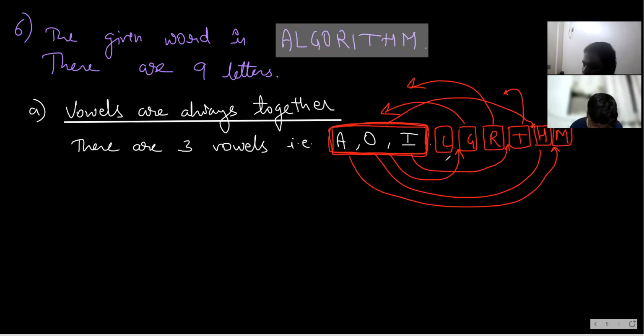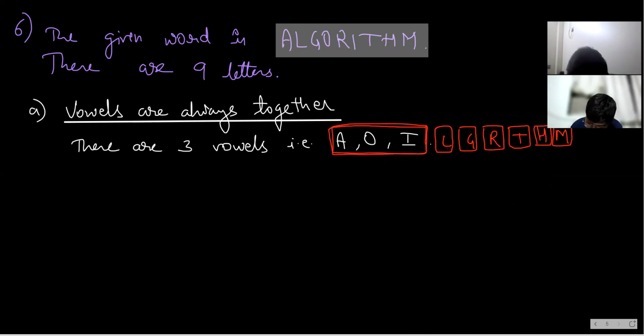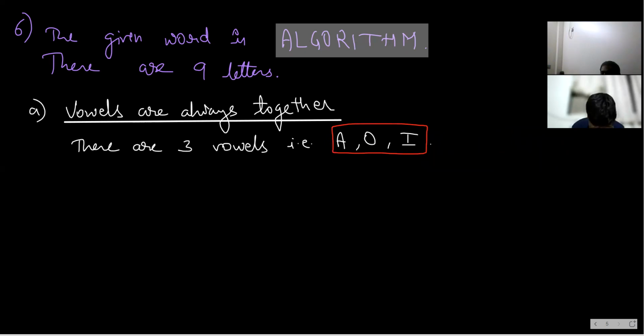When you arrange these 6 units, you will get all possible arrangements, and in all of them, the vowels A, O, I will always remain together. Have you followed it? Yes, sir. Anybody has any doubt in this?